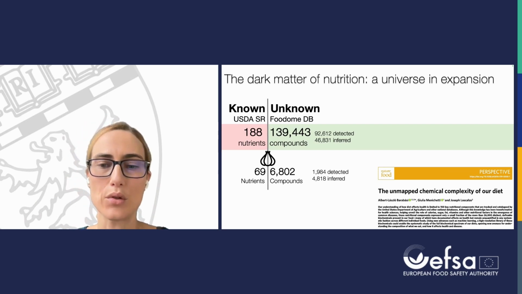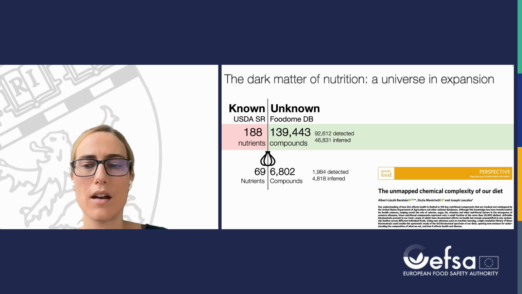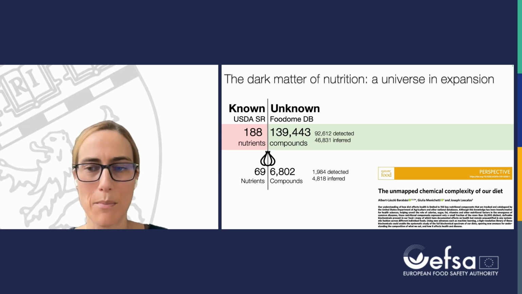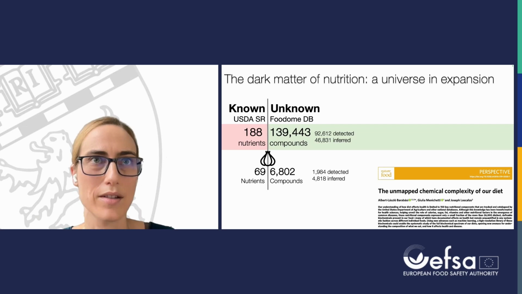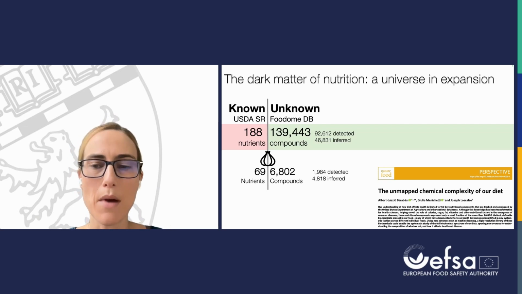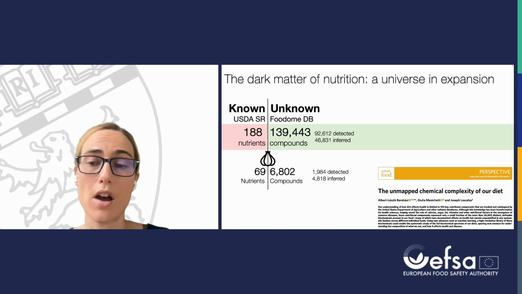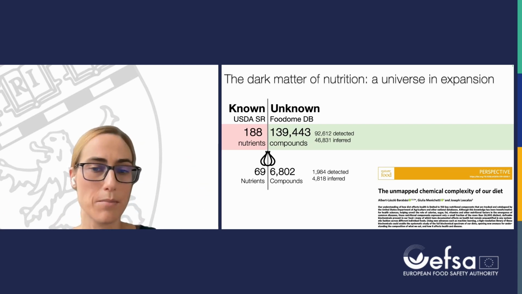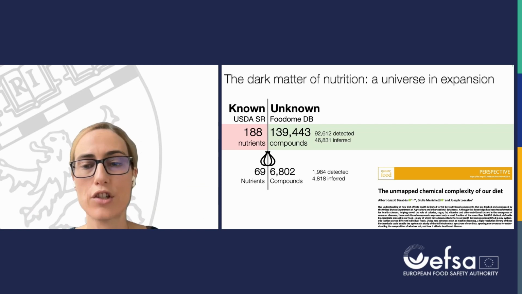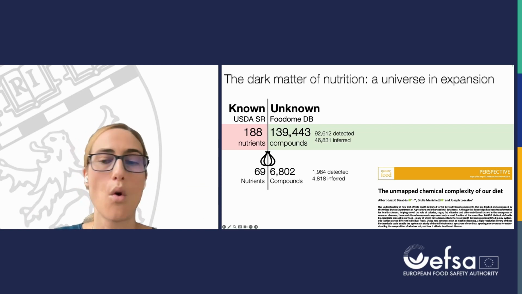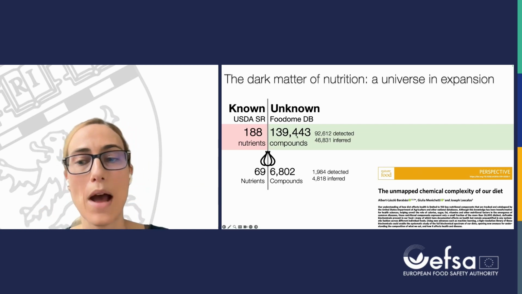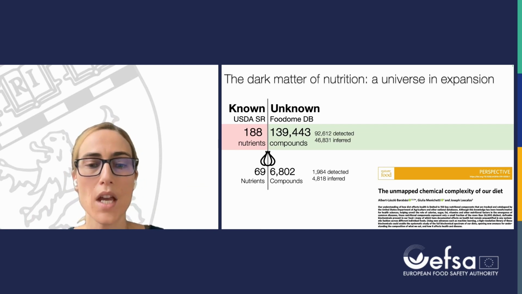At that time, in open source databases, we found approximately 26,000 compounds sparsely distributed across different foods. By combining a variety of different machine learning tools, some of which you have also seen today, from text mining to genomic predictions, we recently reached 139,000 chemical compounds. And of course, we keep growing.